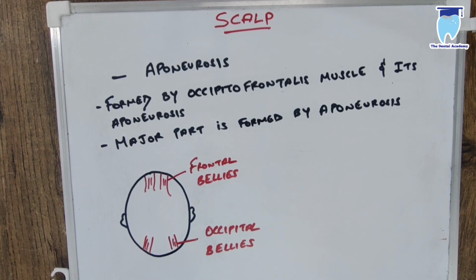The next layer we'll be talking about is the aponeurosis, or the galea aponeurotica. This layer is formed by the occipitofrontalis muscle and its aponeurosis.